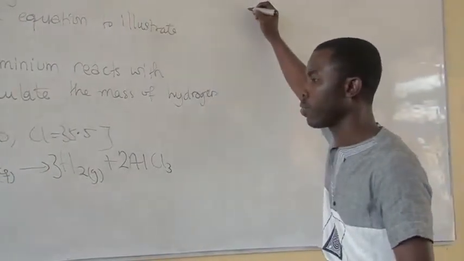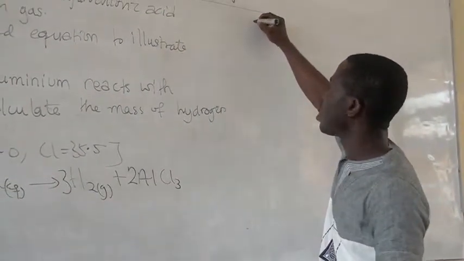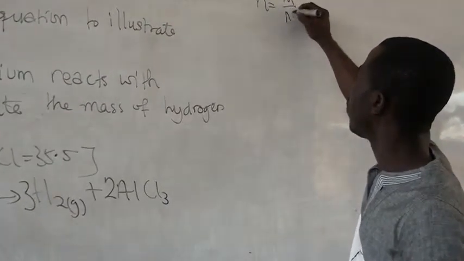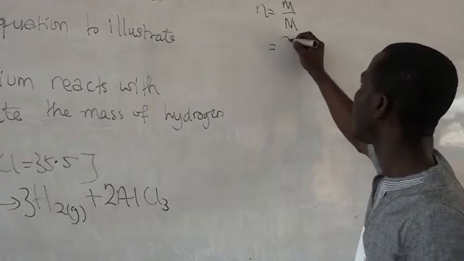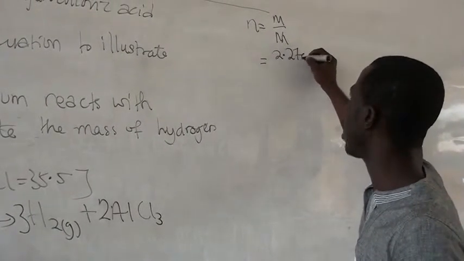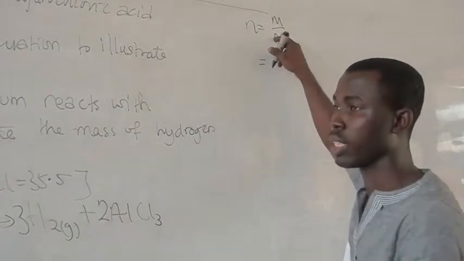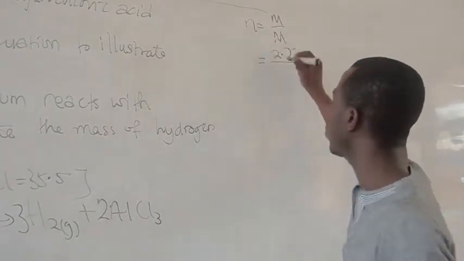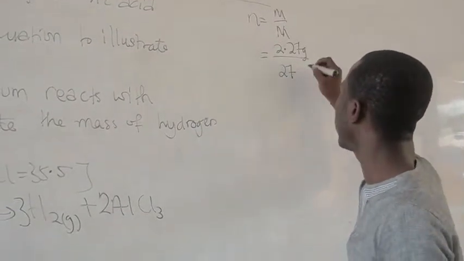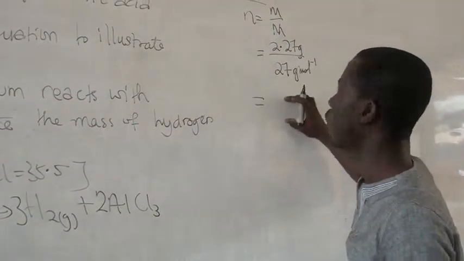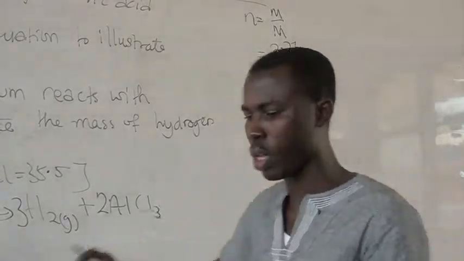So first things first, the number of moles of aluminium is going to be 2.27 grams over the molar mass of aluminium. In fact, here it is relative atomic mass, which is 27. Okay, so when you calculate this, what will be your answer?